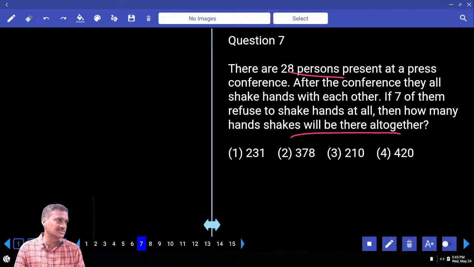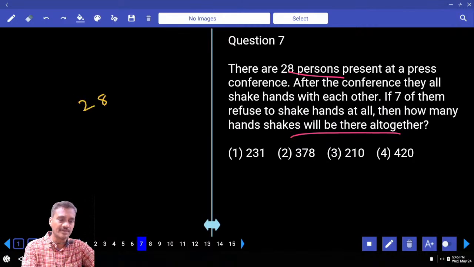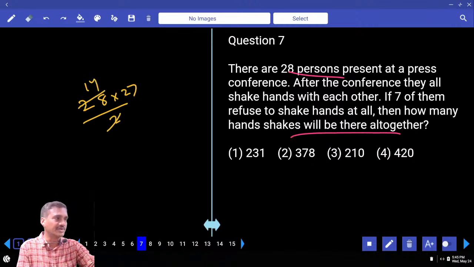Combination of two persons. And it is 28 into how much? 28 into 27 divided by 2. How many times does it go? 27 into 14.